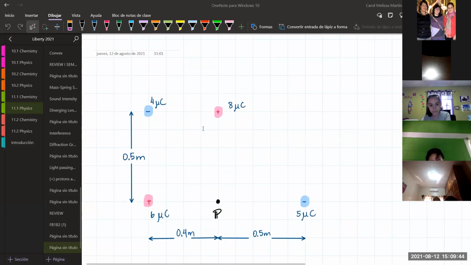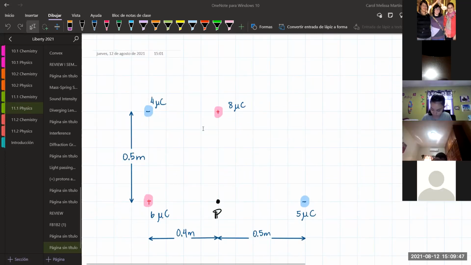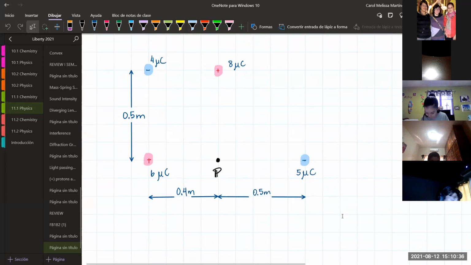The idea is that with this exercise, you should be able to get the resultant of the electric field at the point P. So we do the same with the superposition principle. Okay, so take a look.